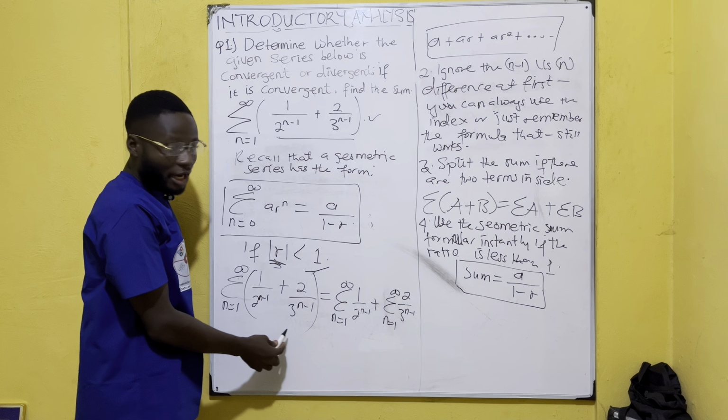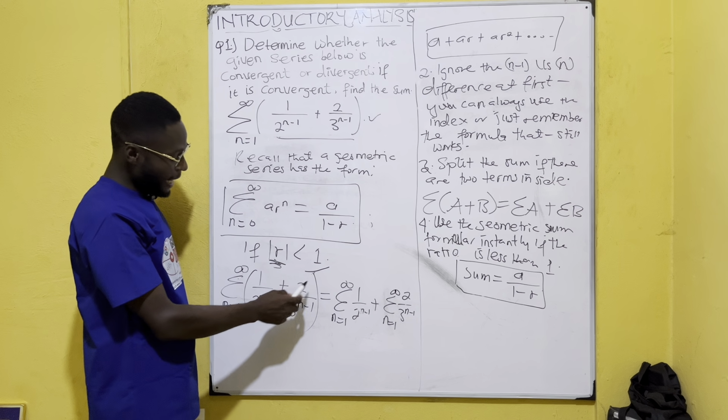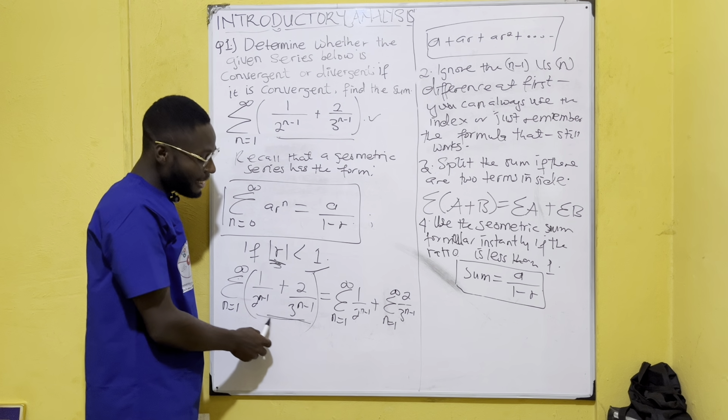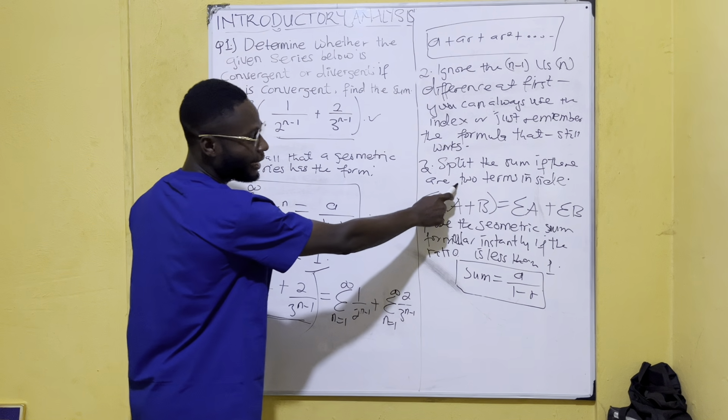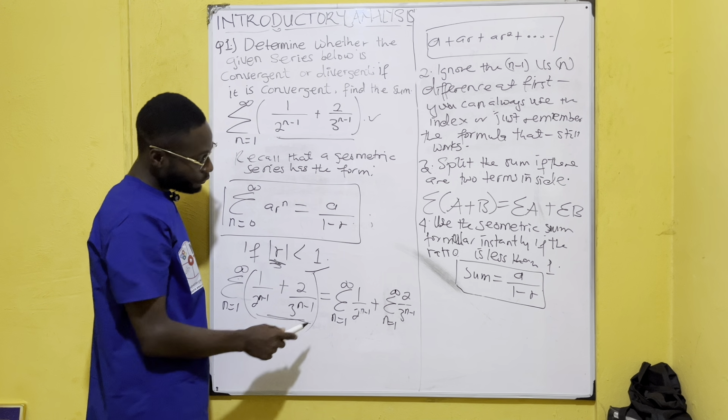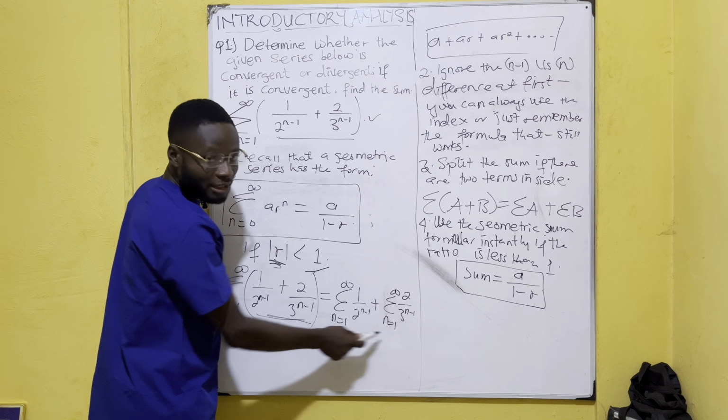I'm trying to split it. So we have understood that if you have two terms inside the bracket, then you can split them, as the third method says. We have been able to split them.